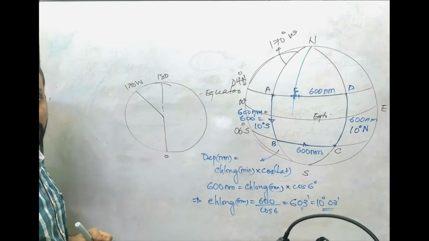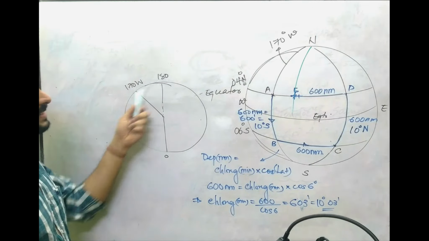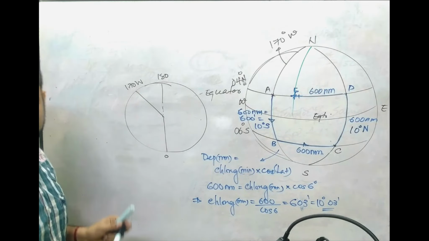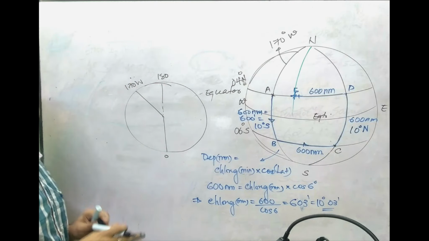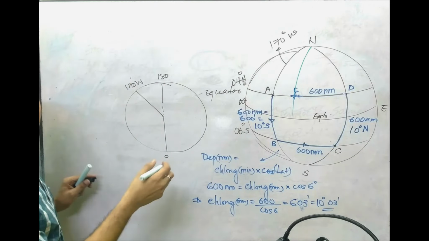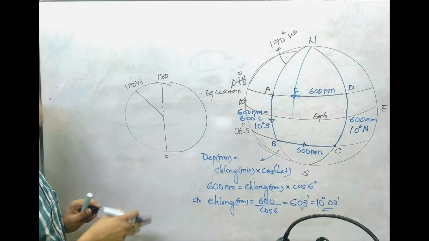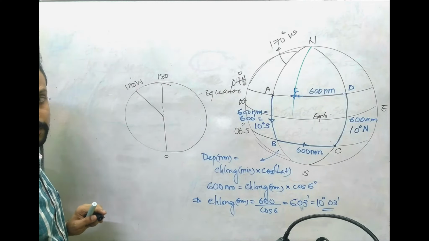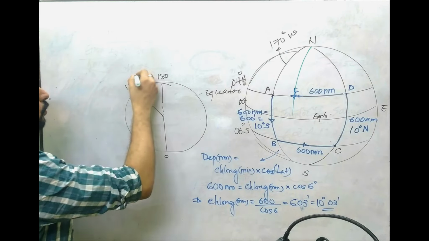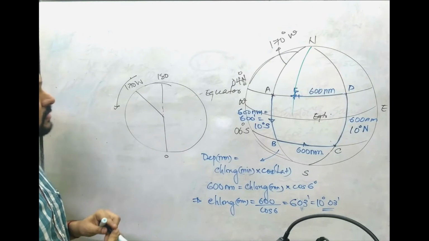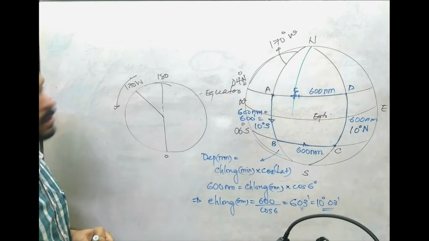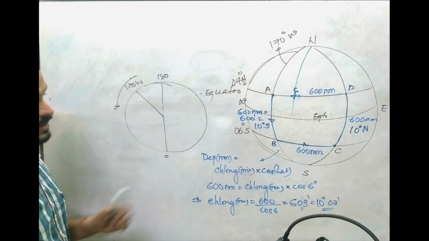So will you cross the anti-prime meridian? If you travel by 10 degrees itself, so what direction is easterly direction? Easterly means it is, what direction is it? East. Yeah, top view, easterly means what direction is it? Anti-clockwise. So will you cross the anti-prime meridian? No. You're 170 degrees west and you're traveling towards the east by 10 degrees 3 minutes.